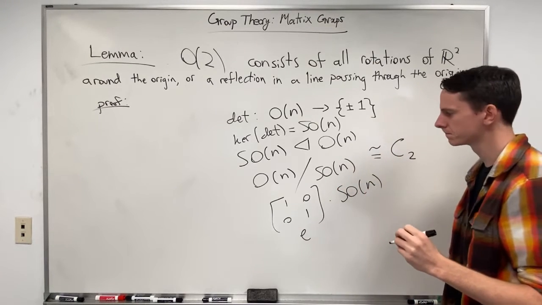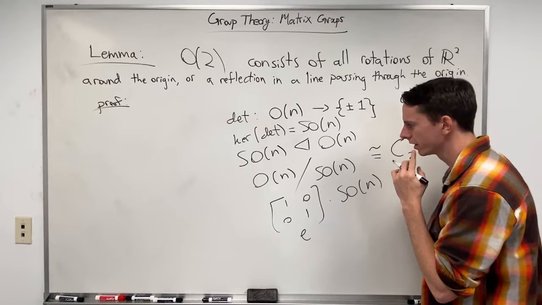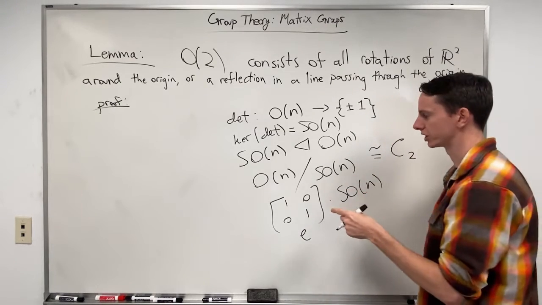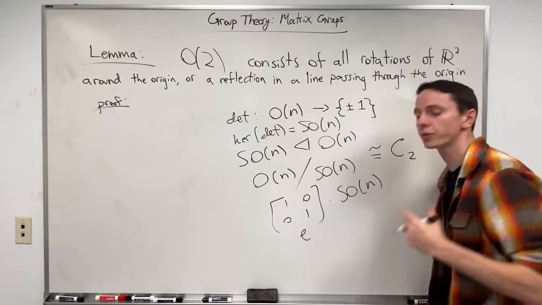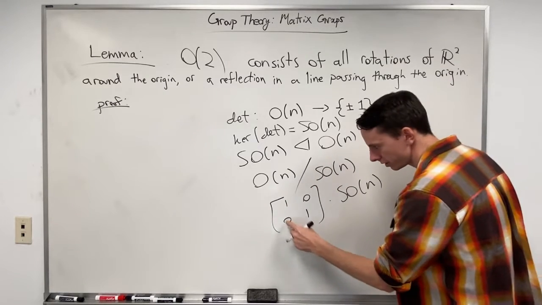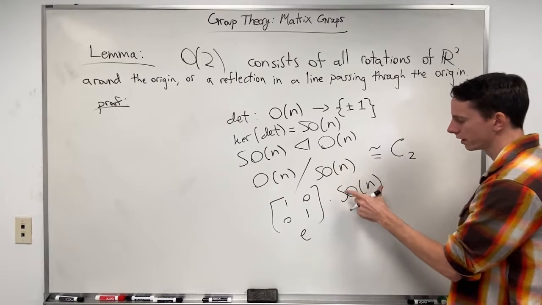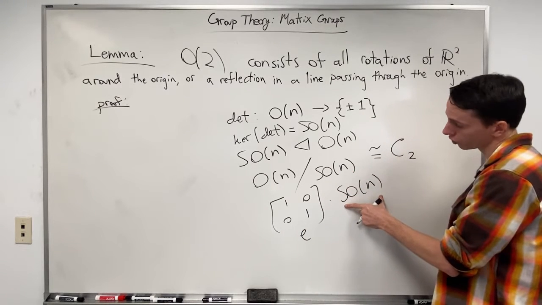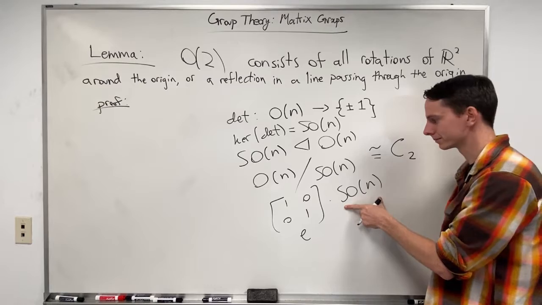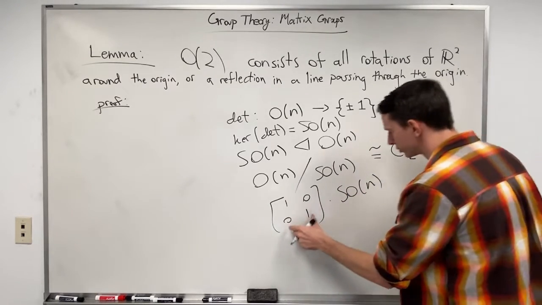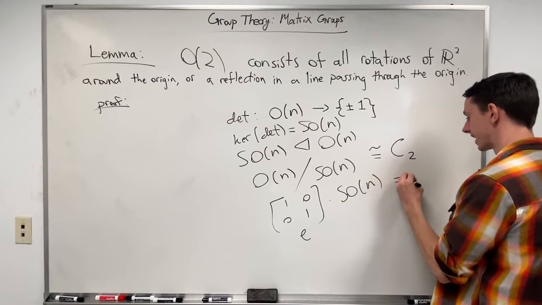In case what I'm doing is unclear, I'm just writing out the structure of a general left coset. Elements of this quotient group are left cosets: some element from ON multiplied on the left, and then the subgroup SON on the right. The identity matrix times anything in SON is just SON.